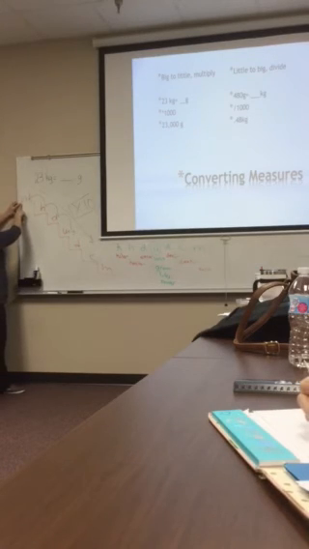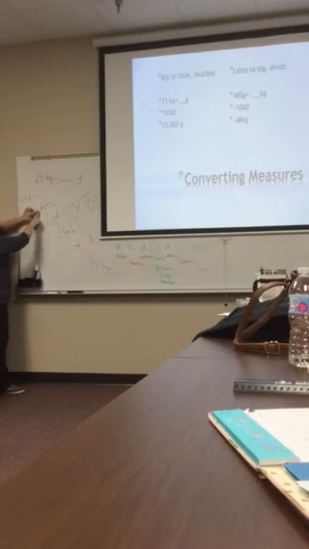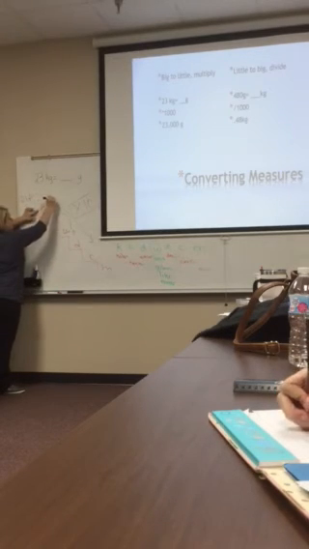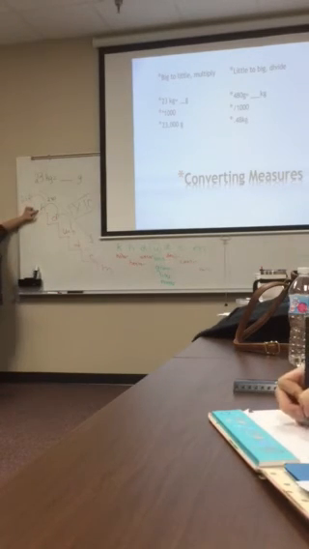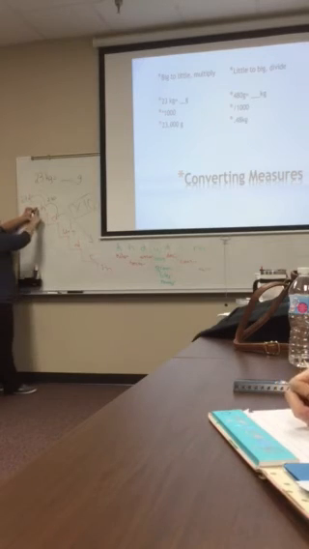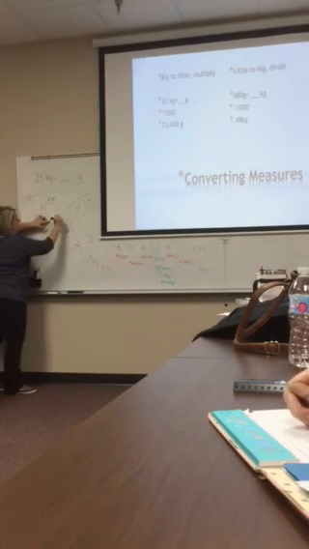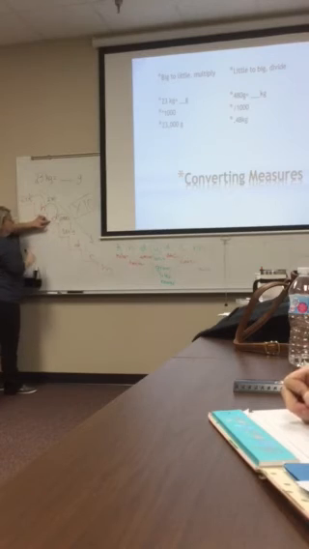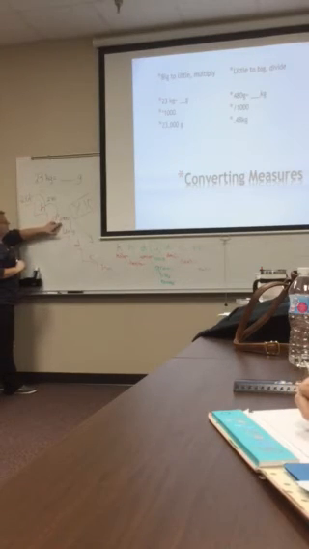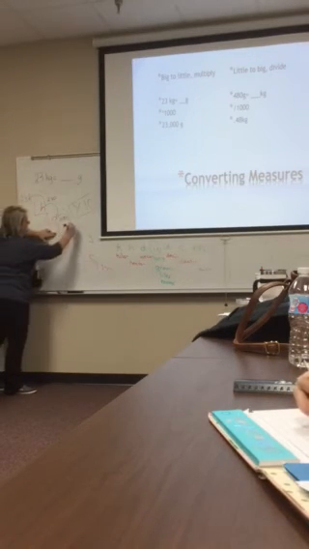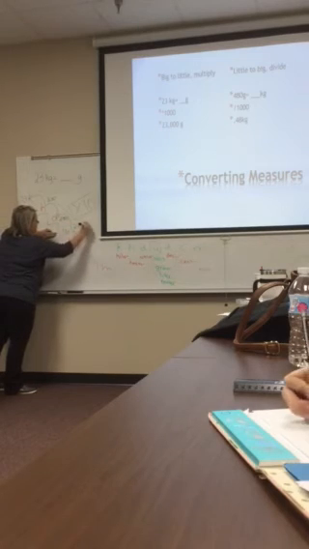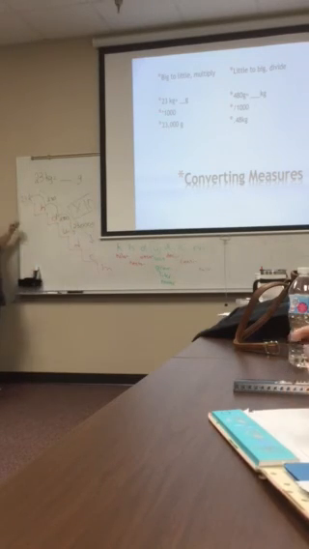So 23 times 10 is 230. 230 times 10 is 2,300. 2,300 times 10 is 23,000 grams.